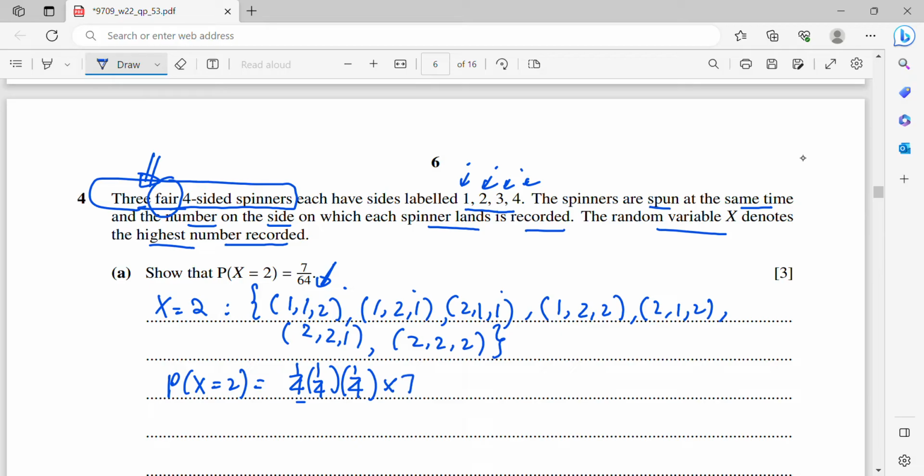Therefore, I just times 7. That's why you are getting 7 over 64. So this is how we show the probability of x equals 2 is 7 over 64. You need to list down the outcomes.